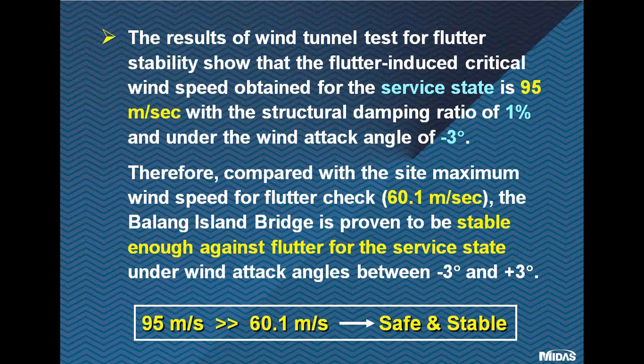Therefore, compared with the site maximum wind speed for flutter check, that is 60.1 meters per second, the Balang Island Bridge is proven to be stable enough against flutter for the surface state under wind attack angles between -3 degrees and +3 degrees.